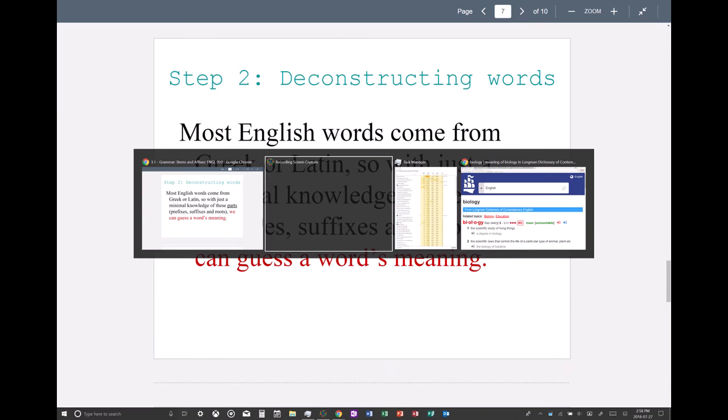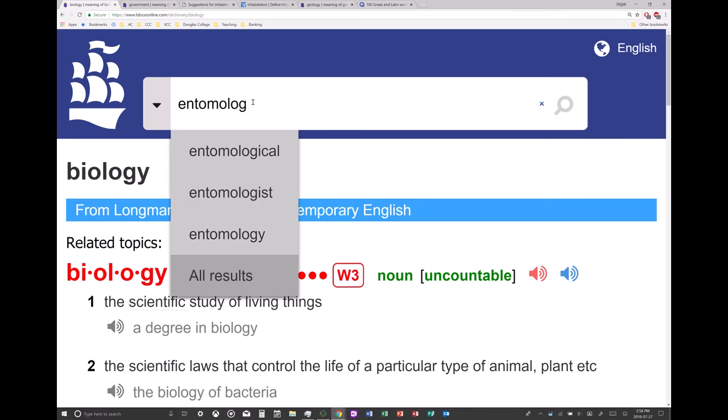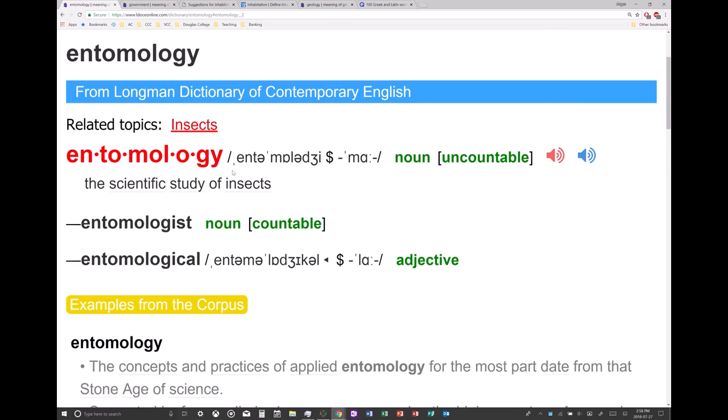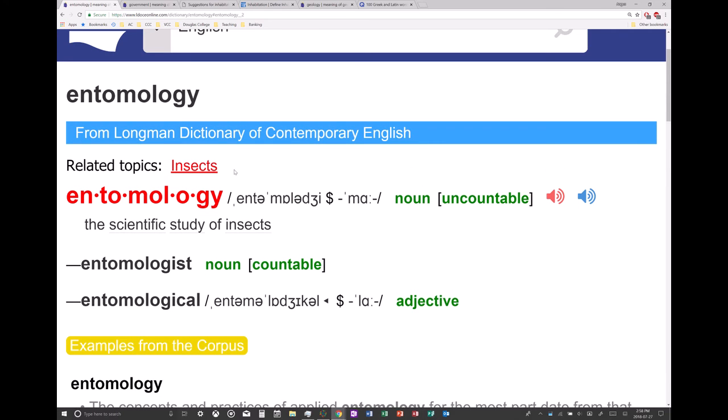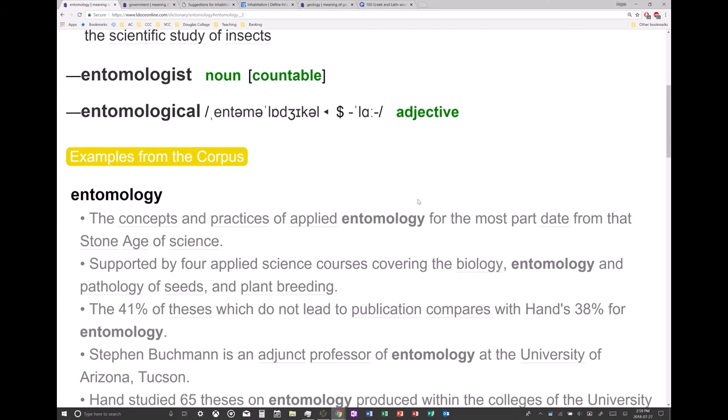And I'm going to double check here using the dictionary. Entomologist. See? So we have the scientific study of insects. So this is entomology, but if I add IST, so it would be someone who studies insects. And let's look at the origin.